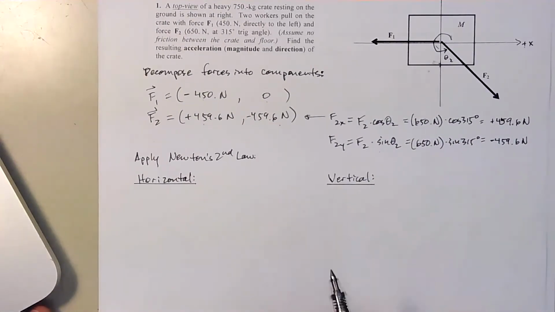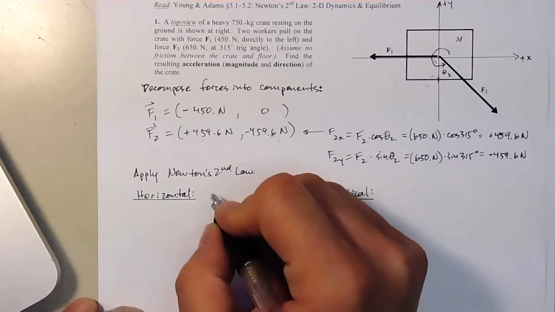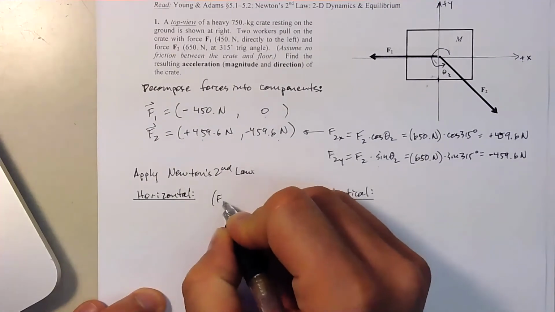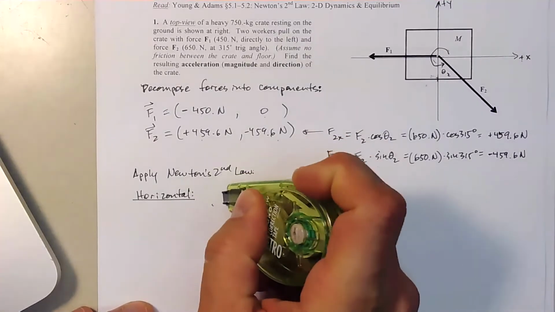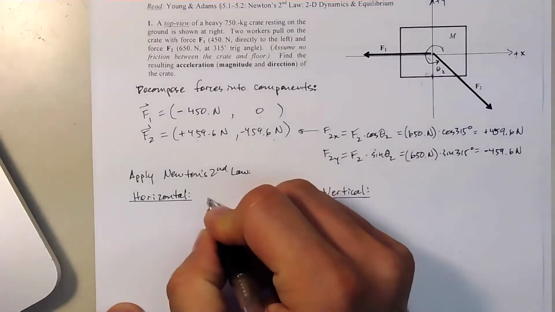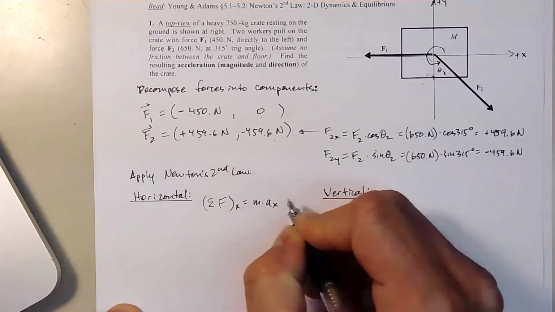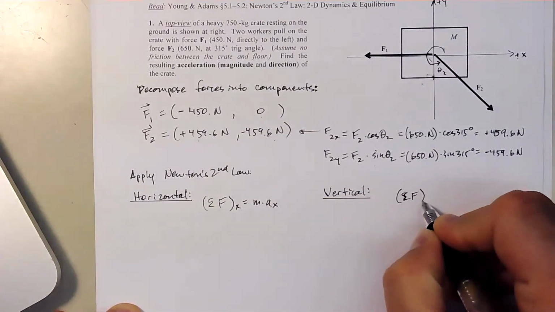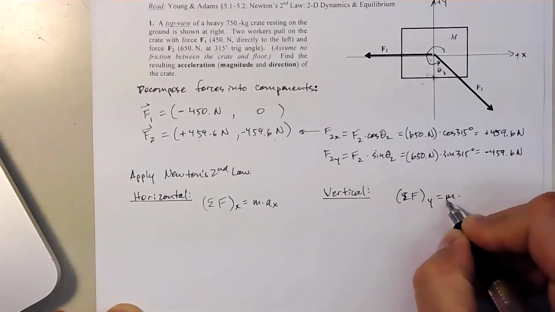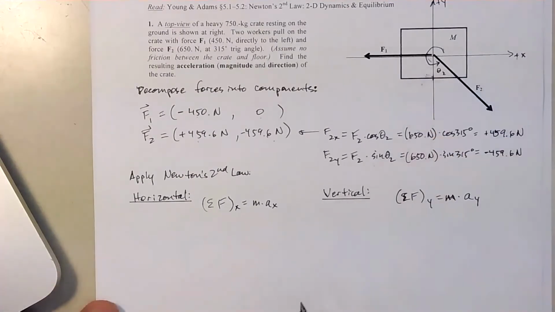Okay. Let's go ahead and proceed, and then I'll make a comment at that point. Sum of all the horizontal components. And the object of interest, the mass of interest, of course, is just the big crate.